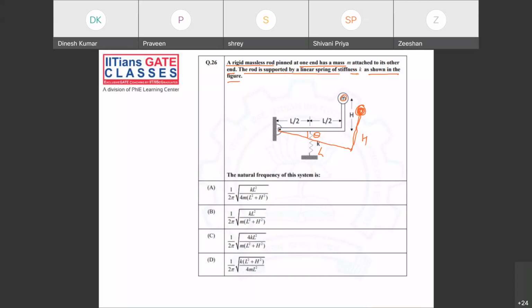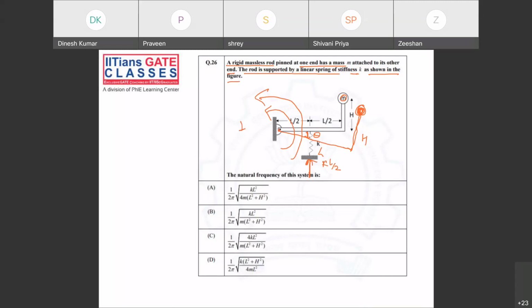Now what happens when this is oscillating in this direction? Inertia will be in the opposite direction, guys. And when it is oscillating downward, there will be a spring force opposing this motion. It is K into L by 2. Now this spring force will also create a moment about the oscillating point, which will be in the same direction as inertia.